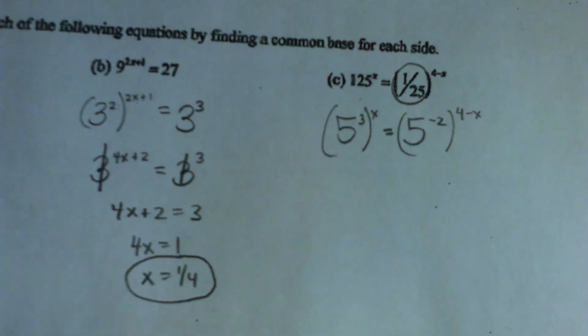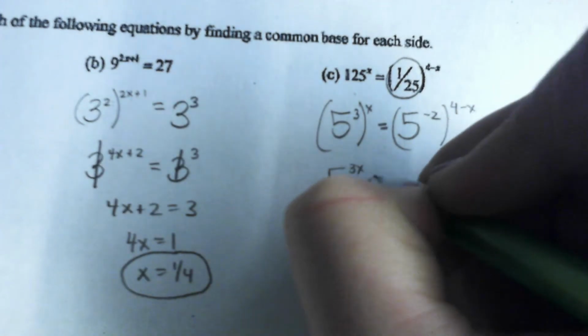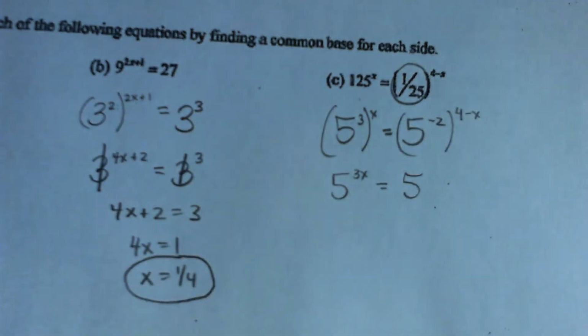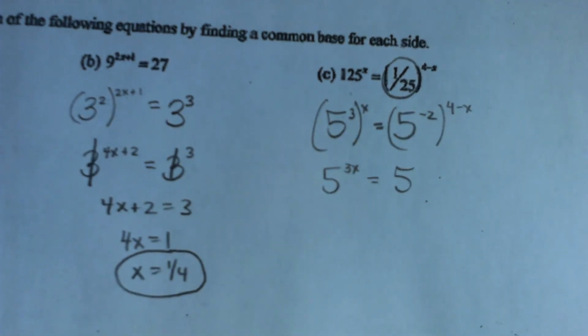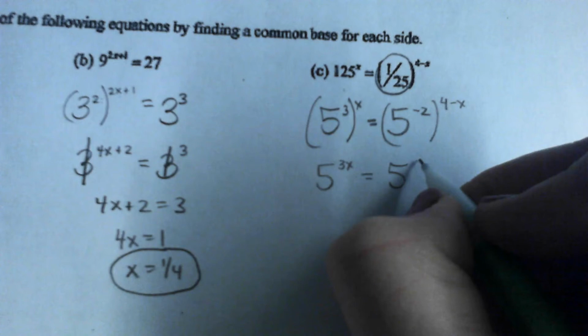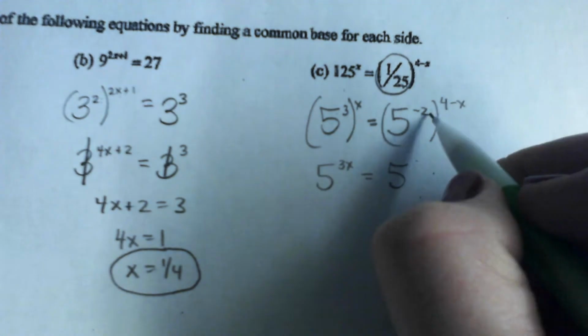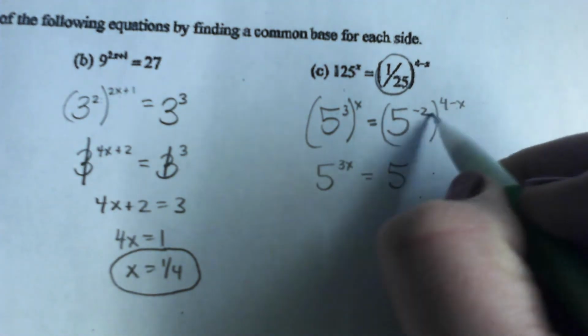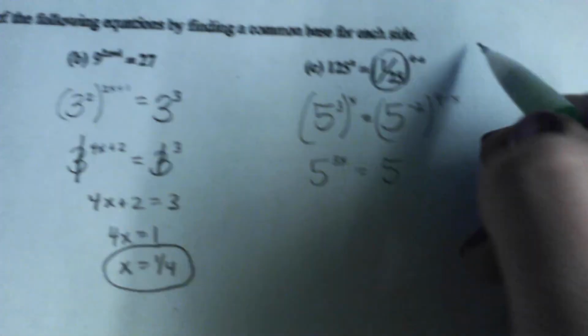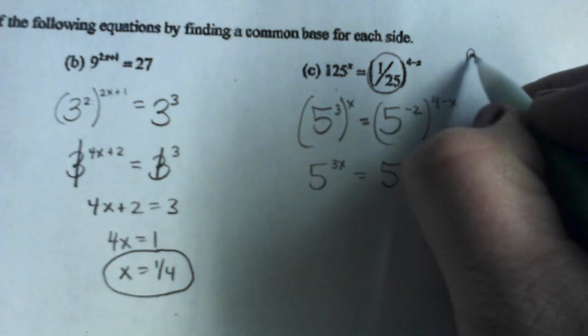So on the left side, we get 5 to the 3x when we multiply exponents. On the right side, we get 5 to the what power, Owen? What am I doing with the two exponents when I raise a power? Power to power. So you might want to write that down.